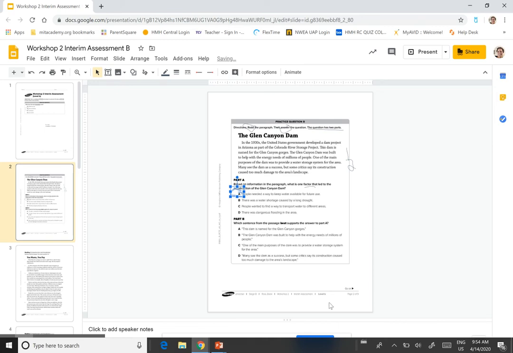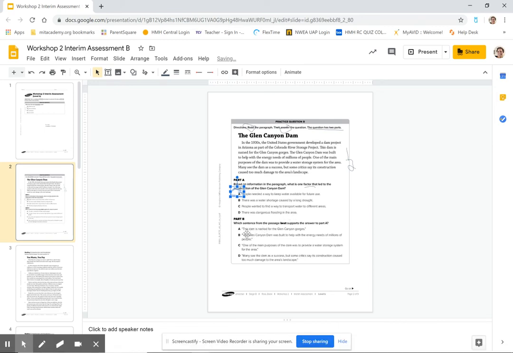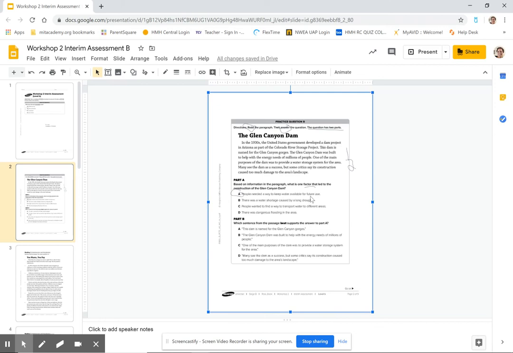Let's go over question B. Which sentence from the passage best supports the answer to part A? A. This dam is named for Glen Canyon Gorges. Does that support A? Being named for something, storing water.